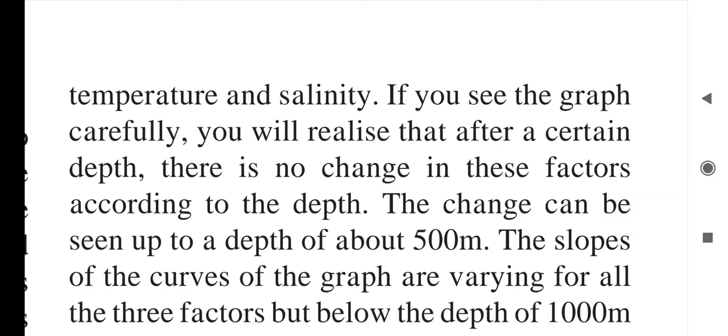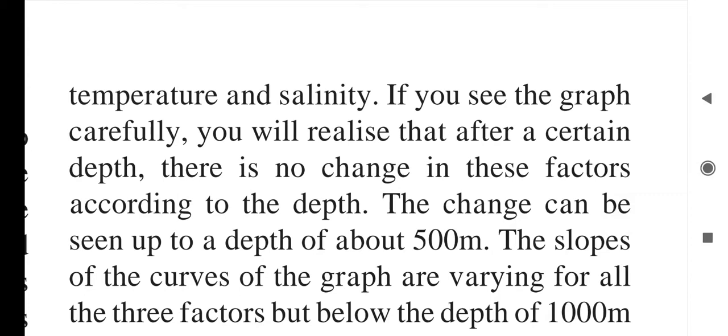If you see the graph carefully, you will realize that after a certain depth there is no change in these factors according to the depth. We have seen that after 2000 meter depth there are no changes in the factors. The change can be seen up to the depth of 500 meters, so very high changes.